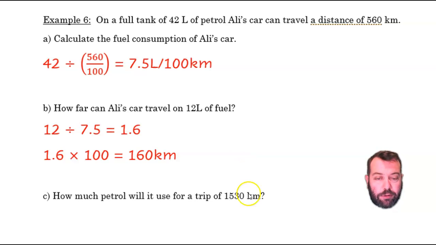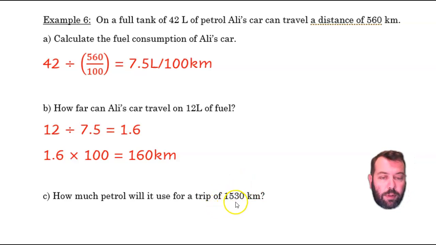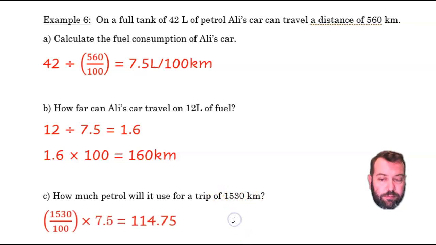Finally, how much petrol are we going to use for this distance? How much petrol, that's the litres, that's the thing that I don't know, that's what I want to find out. Normally we would divide the litres, which means I'm going to multiply my distance by my rate. So it's 7.5, but it's not times 1,530. Remember, we're dealing in hundreds of kilometres, so it's this over 100. So 1,530 over 100.